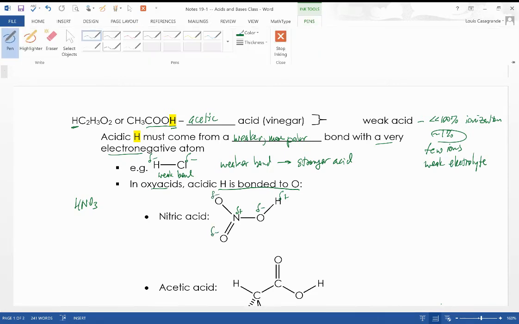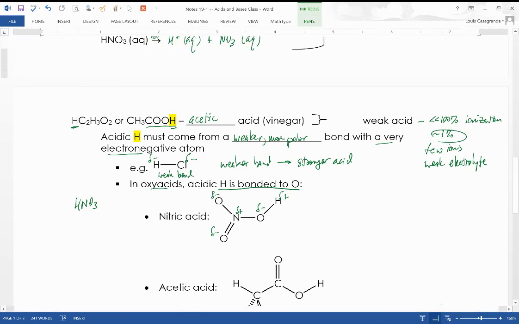And what happens in this acid is that because of the negative and positive here, this pulls electrons away from the hydrogen. And what that does is it makes it more polar. And making it more polar is what makes it a strong acid. The more polar it is, the stronger the acid you have.